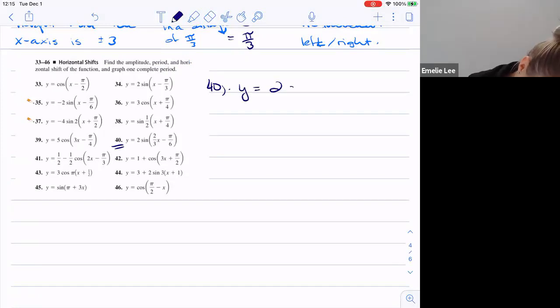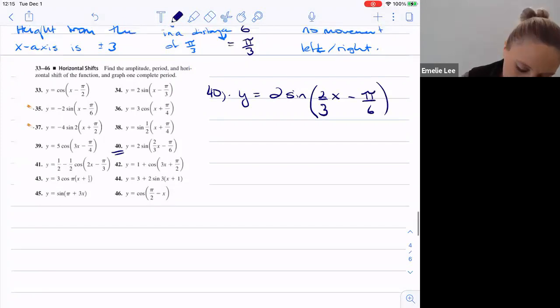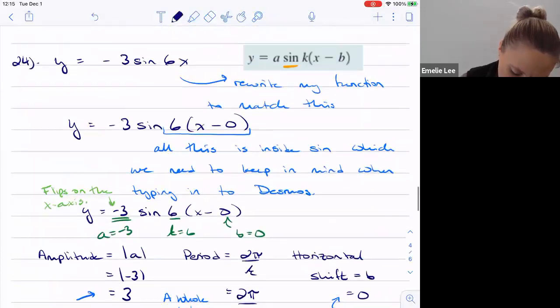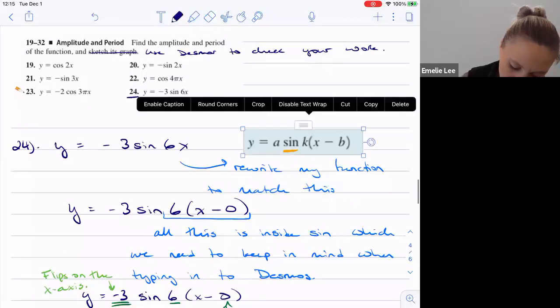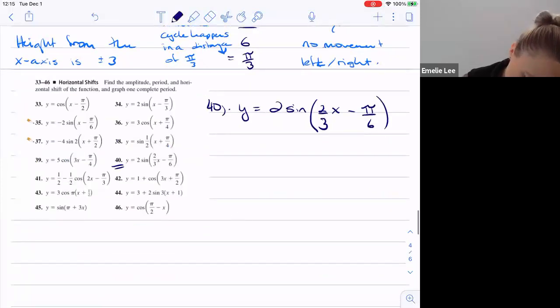Y equals 2 sine 2 over 3 x minus pi over 6. Okay. So here we want it to match this again, so I'm going to copy it so I have something to look at.